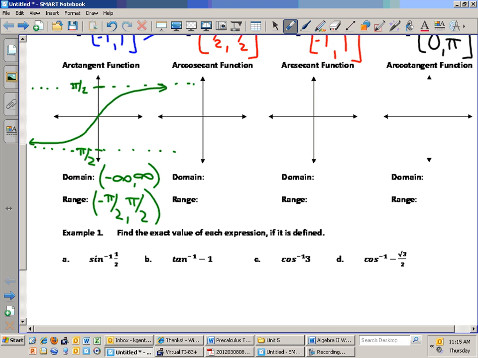Now, if we had an unlimited amount of time, we would graph those just like we graph sine, cosine, and tangent and everything else. But it's not that necessary. It's not that much different, so we're not going to do that. I'm going to skip arc cosecant and arc secant because I don't think it's important to our study for today. But arc cotangent does this.